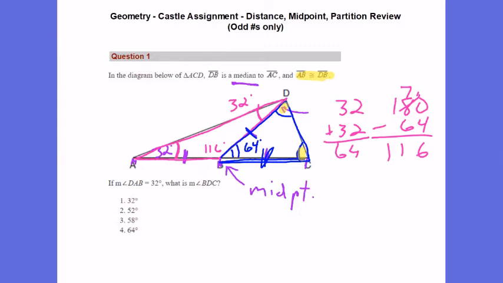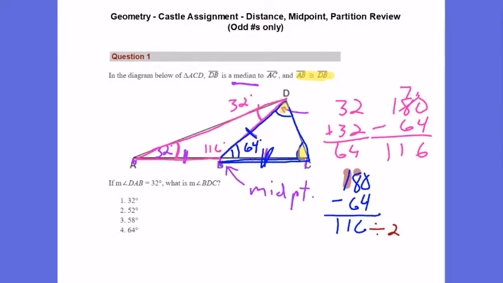So they would be 180 minus 64, which is 116. But then because both of them are the same, we're going to divide that by 2, and that turns out to be 58 degrees. And we're looking for this one right here, so that's choice number 3, 58 degrees.